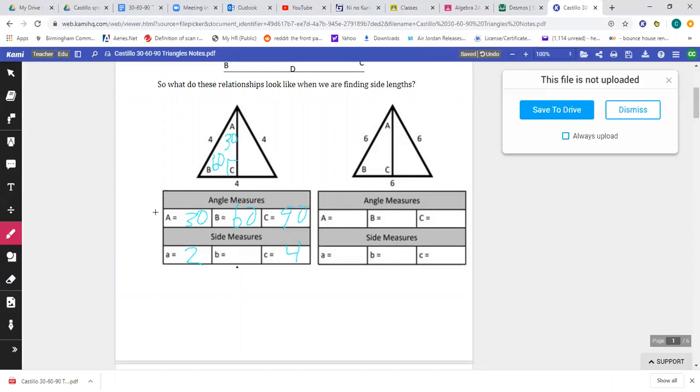Now, how do we find our last side? Remember, if we know two sides of a right triangle and we want to find our third, we just use Pythagorean Theorem. So A squared plus B squared equals C squared. And then so this is 2 squared plus B squared is equal to 4 squared.